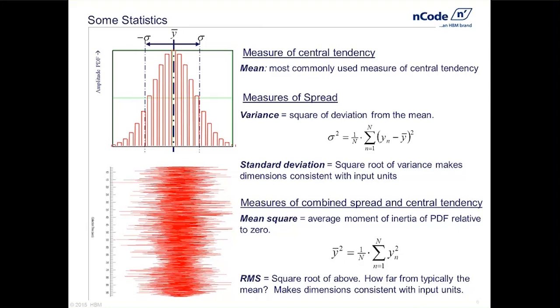And with that kind of information, we could look at some simple statistics like what is the mean value, which kind of describes our most common central tendency. And we can look at the standard deviation, which might describe the scatter of that point distribution.